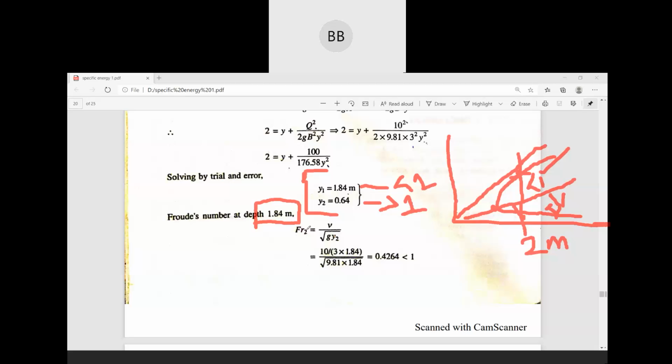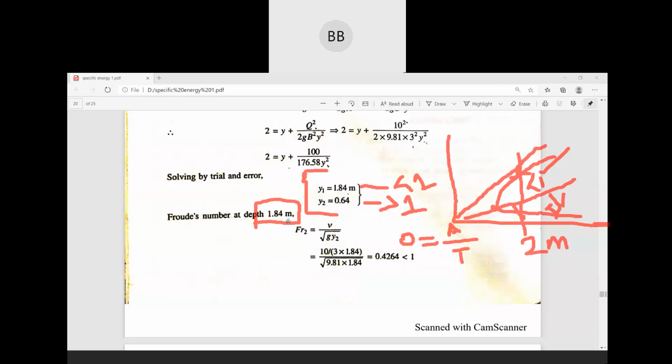You find out the Froude number by the equation you all know. We have already discussed the Froude number many times. Froude number is equal to V by root over g D, where D is nothing but area by top width. For a rectangular channel you can directly write y.